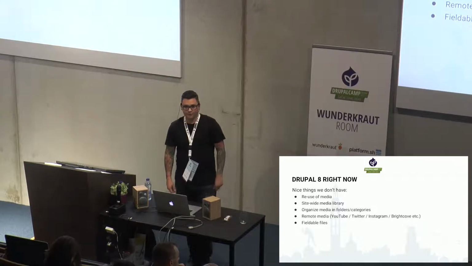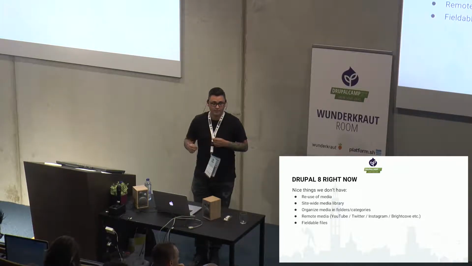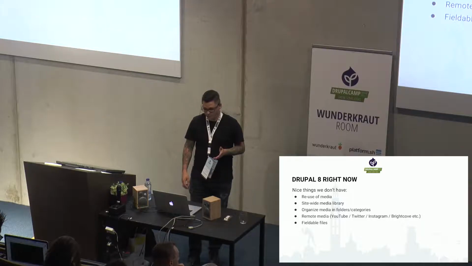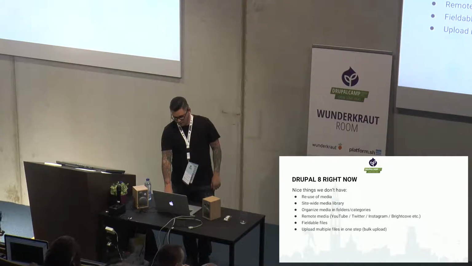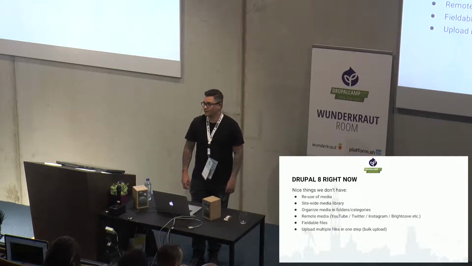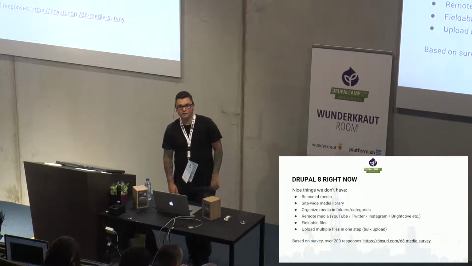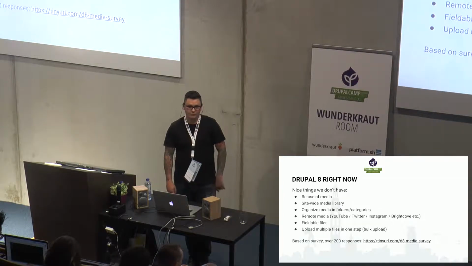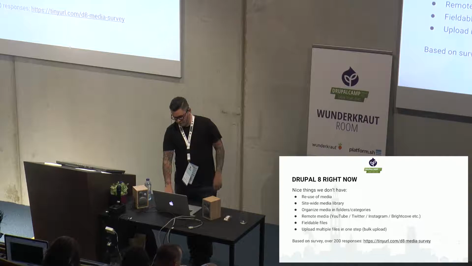Right now, a file is not fieldable, so you have alt and title. That is also something that people really want. And then bulk uploading. That's really important for people, and this was based on a survey done a couple of years ago already. Over 200 responses, and these are the top things that came out of the survey.